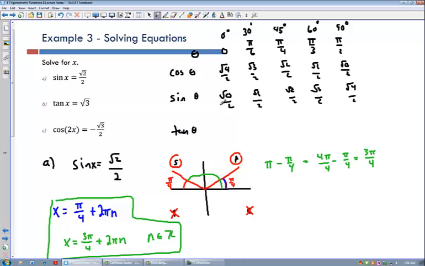So this number is 0 and that number is 1, so tan of 0 is 0. Then this number is 1/2, and this number is root 3 over 2. If you take 1/2 divided by root 3 over 2, you're going to get 1 over root 3. This one divided by this one is the same number, so you're going to get 1.